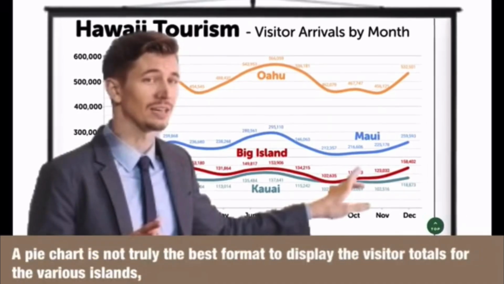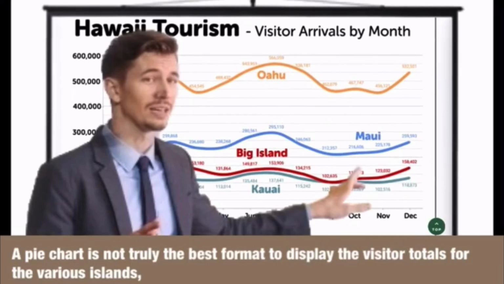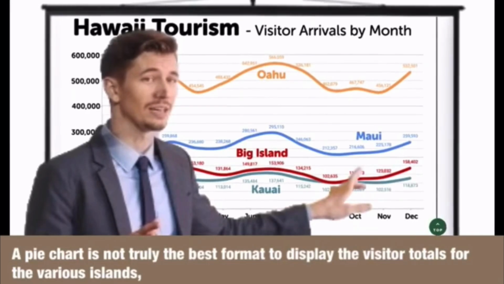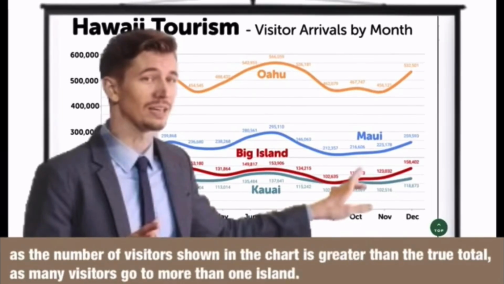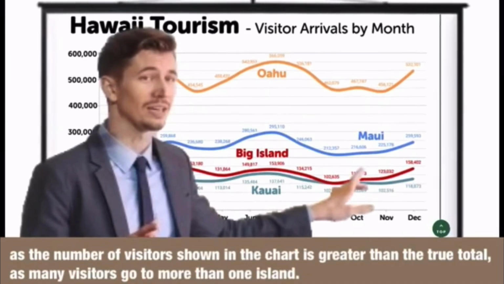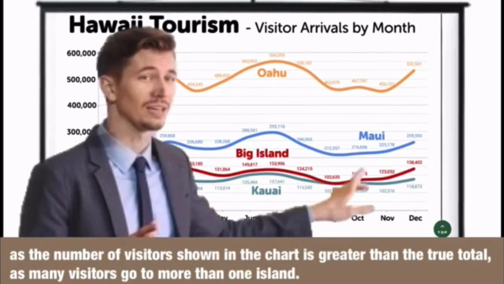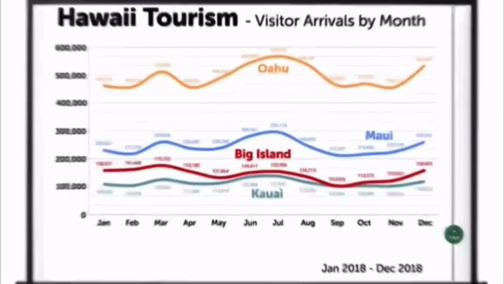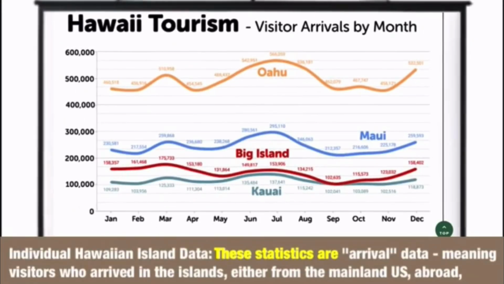A pie chart is not truly the best format to display the visitor totals for the various islands, as the number of visitors shown in the chart is greater than the true total, as many visitors go to more than one island.